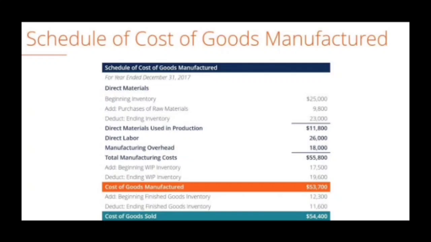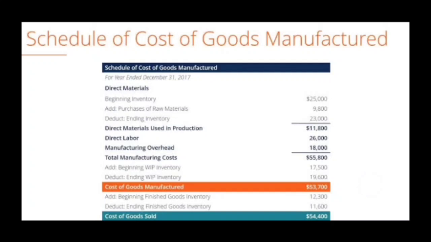The raw material which was in the machines in the last period and which was not finished will be added into the production of this period. Then we deduct the ending work in process which is left over in the machines at the end of the production year. So we get the cost of goods manufactured.